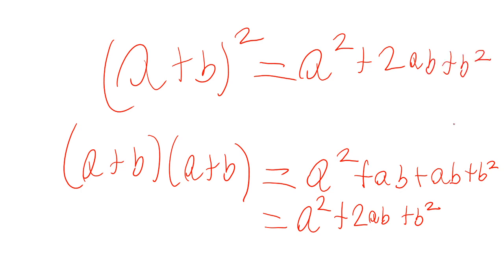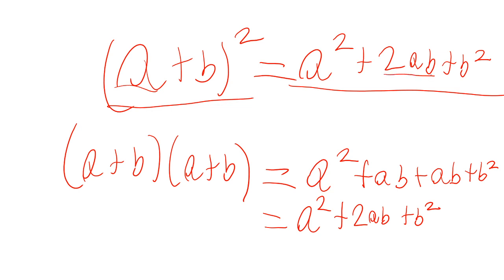Now I'm going to give you a challenge problem. Spot why this is true and how you can expand this without even going through all of this. Alright, so we take the first term a, and we square it. Now we have this 2ab term.